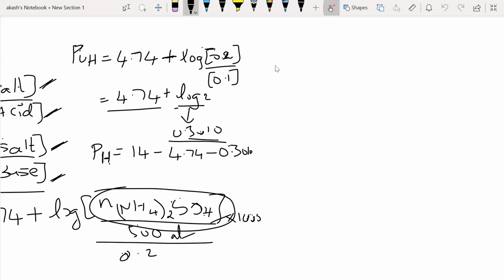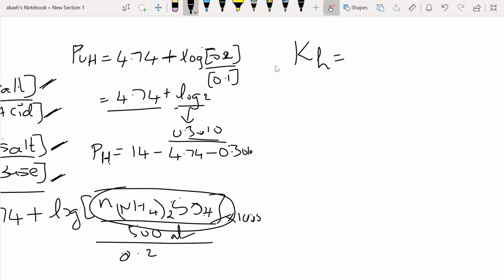Yes, it is an acidic salt. Why? Because when I have ammonia, or say NH4OH, that's a weak base. Definitely I would have added it with a strong acid to form an acidic salt. Strong acid plus weak base.